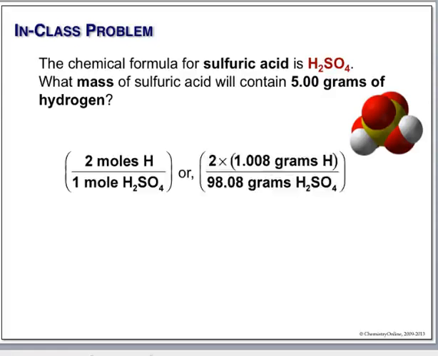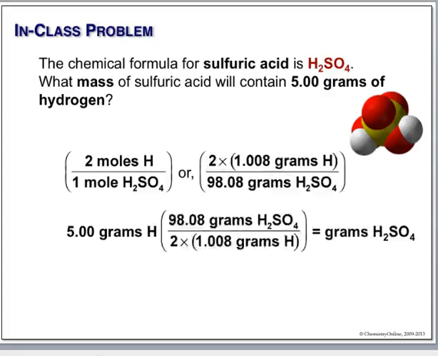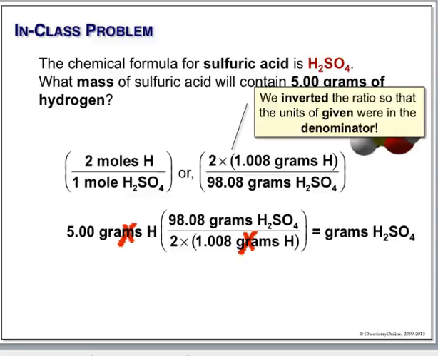Now our given here is grams of hydrogen, right? Grams of hydrogen is in our numerator. So we're going to have to just flip this upside down. But we can do that. Here's our given. I'm going to take this ratio, flip it over. So grams of hydrogen cancel, and I get grams of sulfuric acid.